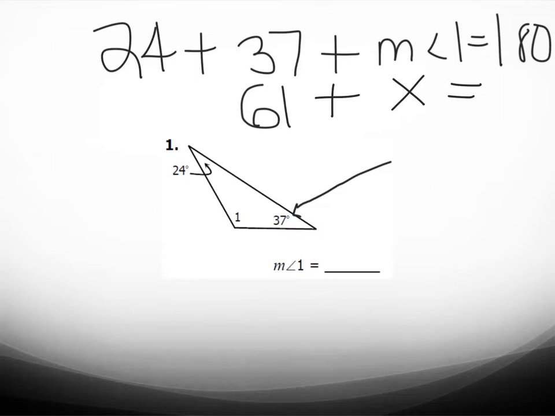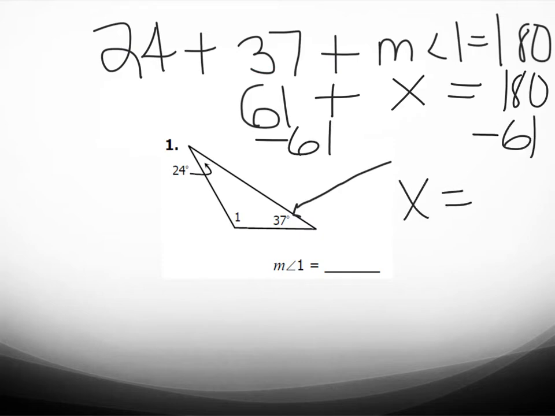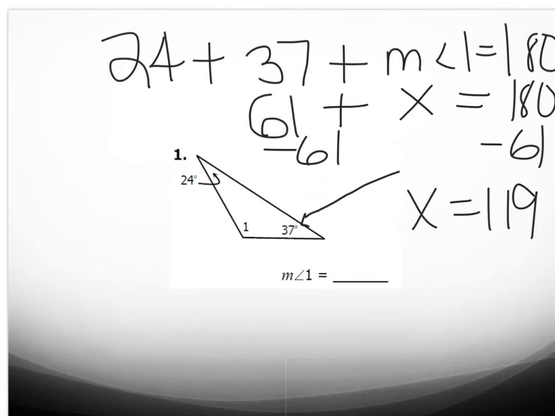Our variable, our unknown, is equal to 180 degrees. Next, we're going to subtract 61 from each side, and we get that x is 119 degrees. In this case, x, which is 119 degrees, is actually the answer that we're looking for. So I write in here 119 degrees.